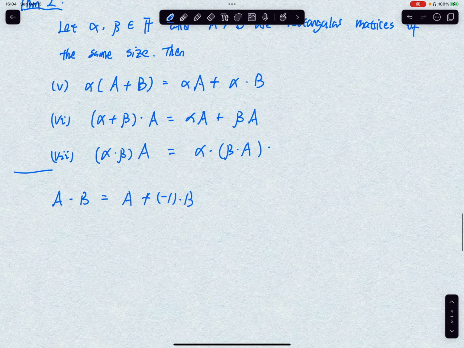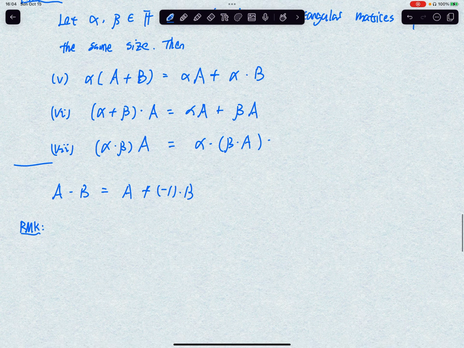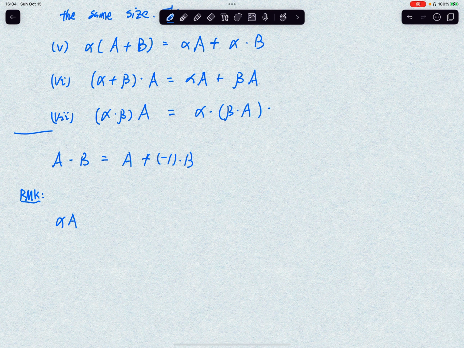And note that the determinant of alpha A equals alpha to the nth power times the determinant of A, where A is a square matrix of order n and alpha is a scalar.